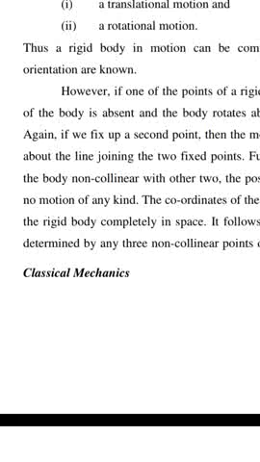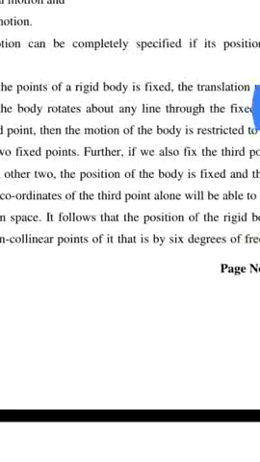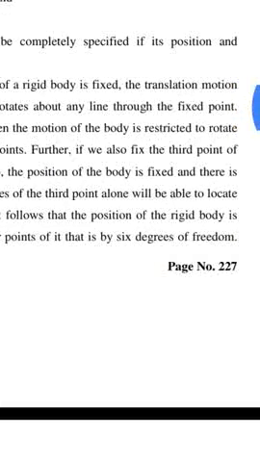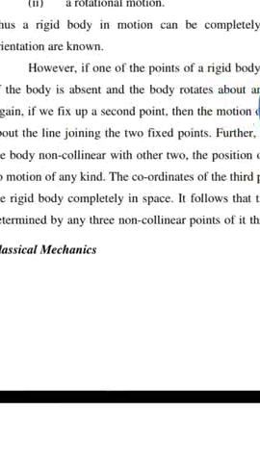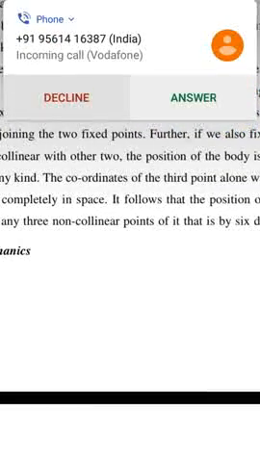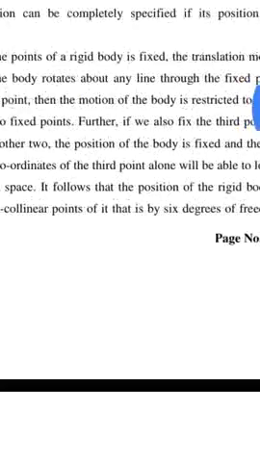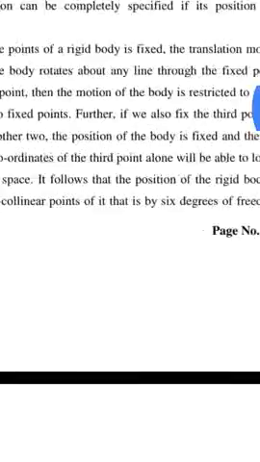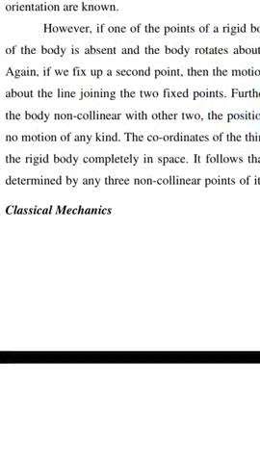Again, if we fix a second point, then the motion of the body is restricted to rotation about the line joining the two fixed points. If a third point is also fixed, the position of the body is fixed and there is no motion of any kind.